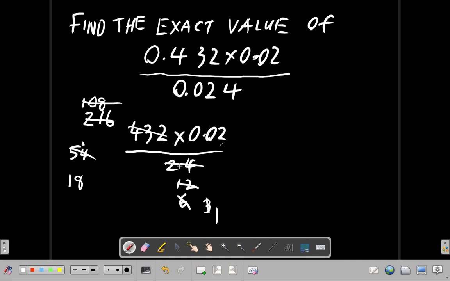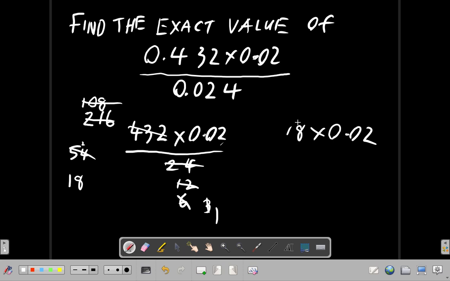So we've gotten rid of the denominator. We have 18 here, so we have 18 times 0.02.